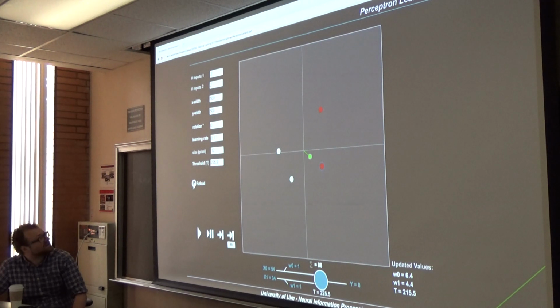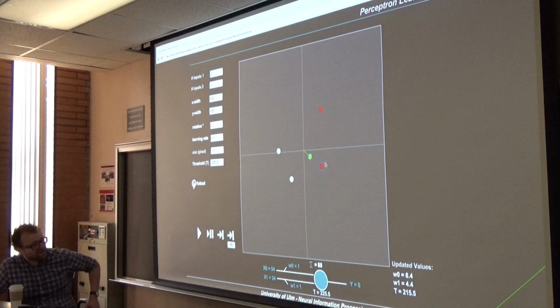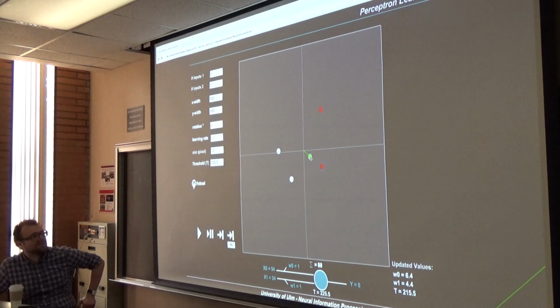The learning rate is 0.1, and this is the direction in which we have to update this value geometrically, and so we now have the new separation here.